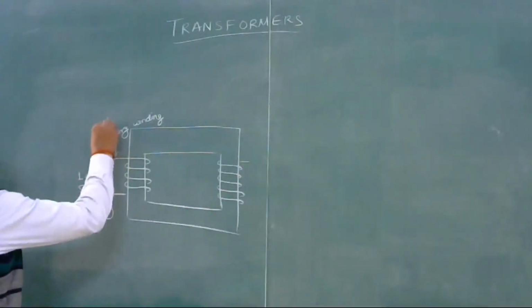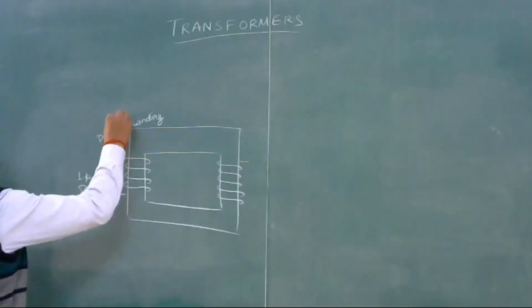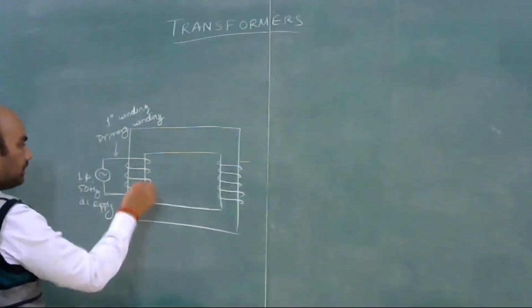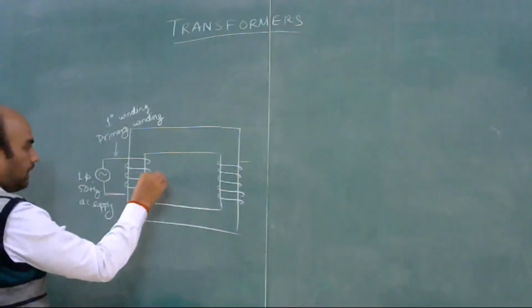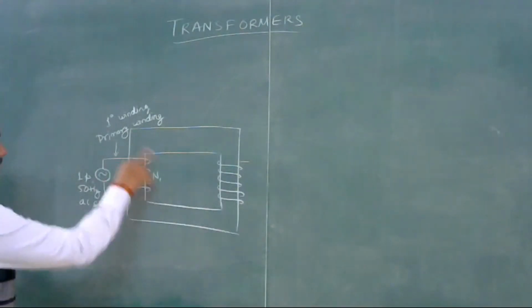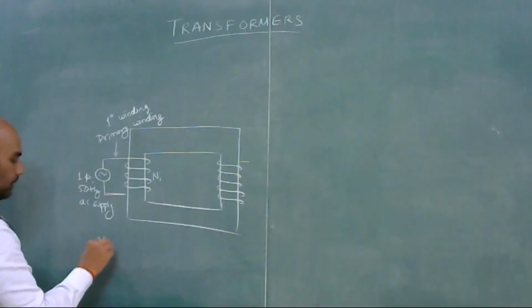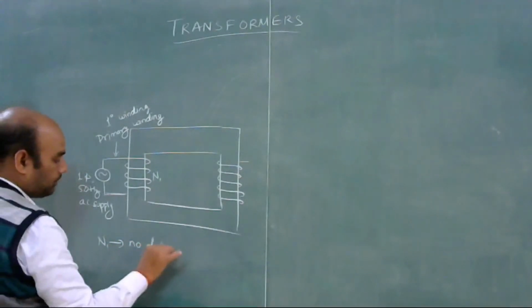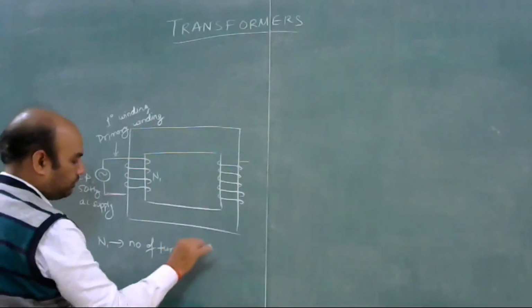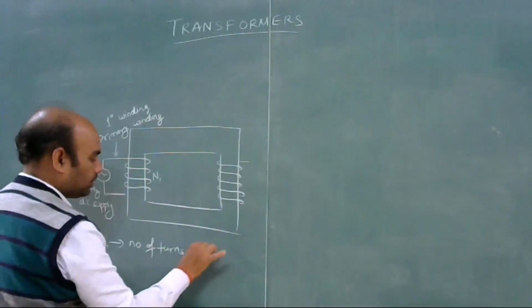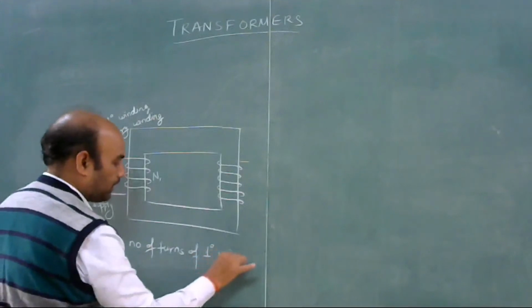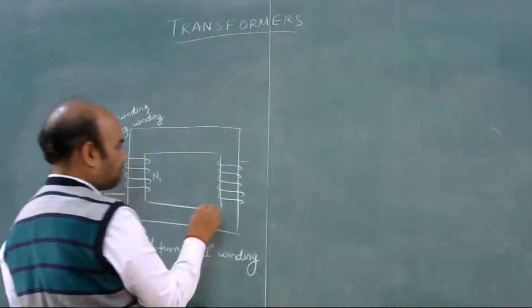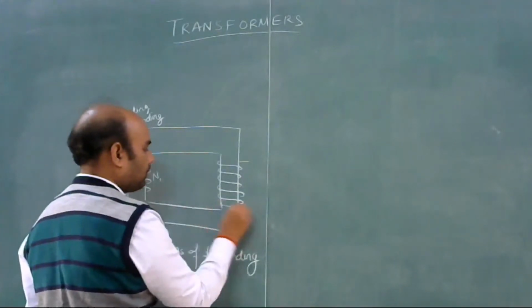Let's suppose this winding has n1 number of turns, so n1 is the number of turns of the primary.